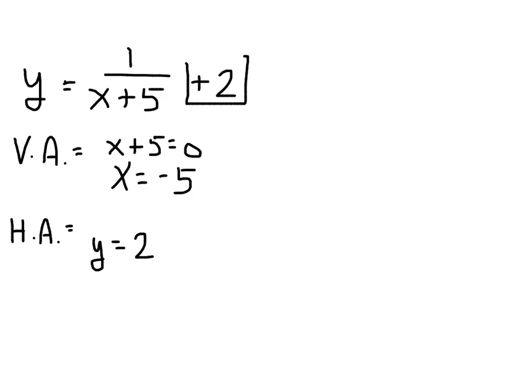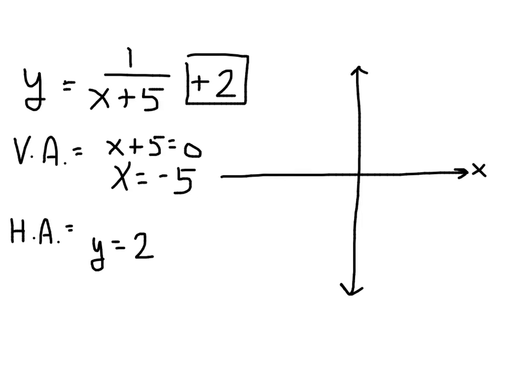So whenever you have this out here, that's going to shift the whole thing up or down. That's something that we have had, I don't know how many times this year. Adding on the outside will shift everything up or down. Okay? So if I go up 2, there's my asymptotes.